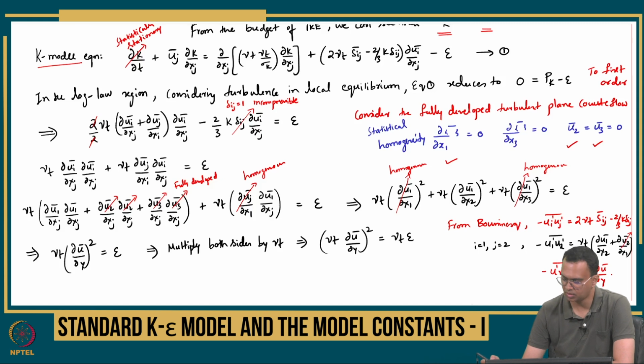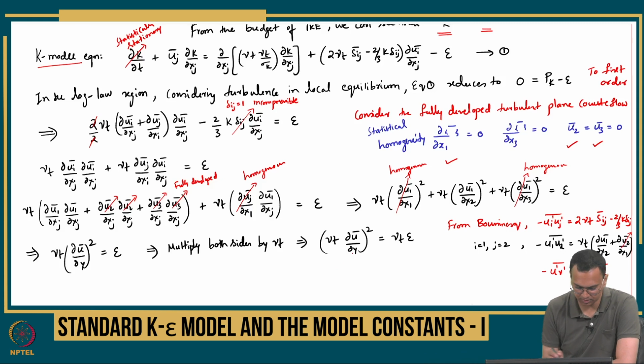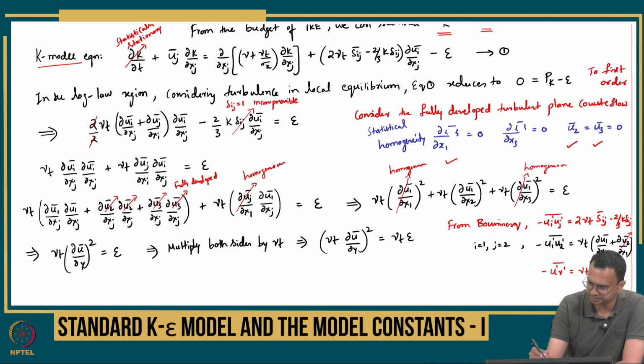I am going to substitute that here, and therefore I get minus u prime v prime, average of course, whole square is equal to nu t epsilon.